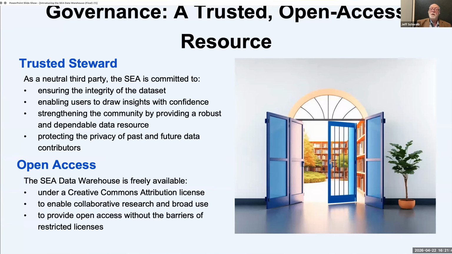This gives you some insight into, in the future, when you contribute your data to this set, it's not going to be with your name on it. It's going to go into the general population of this growing data set that we're putting in place now. Open access, we'll talk about, is based upon SEI gave us this data, and this is going out to the world as a Creative Commons attribution license.